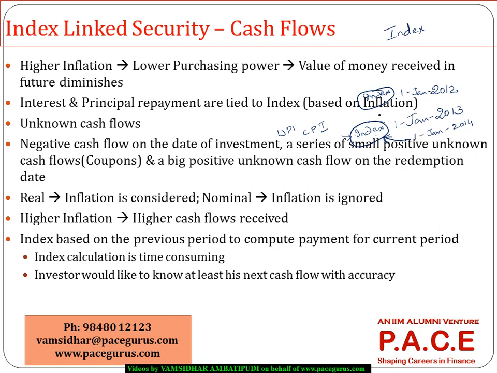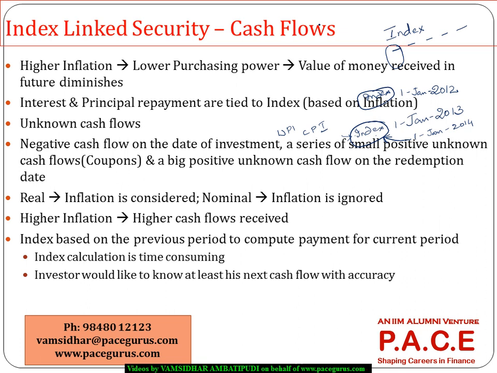The reason being, the index computation takes some time, and by the time I need my cash flows, I cannot wait for that. Two, the investor doesn't know what cash flows he is going to receive in the next 5 years, but at least he should know how much he would be receiving in the next period.